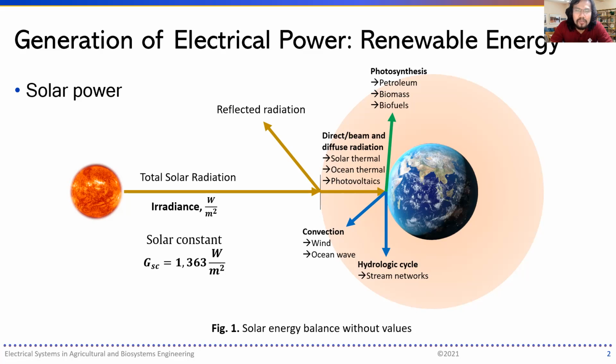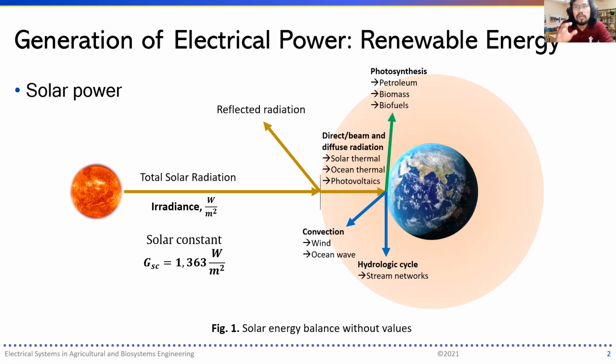There's also the solar thermal, or direct use of solar radiation to heat up facilities such as water heaters and even greenhouses. Now there's also this recently developed technology on ocean thermal energy, or OTEC, ocean thermal energy conversion. And then besides this, there's the reflected radiation, which is just the heat dissipated back to space.